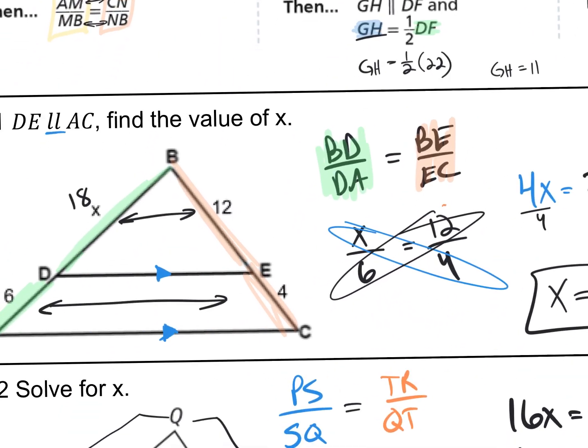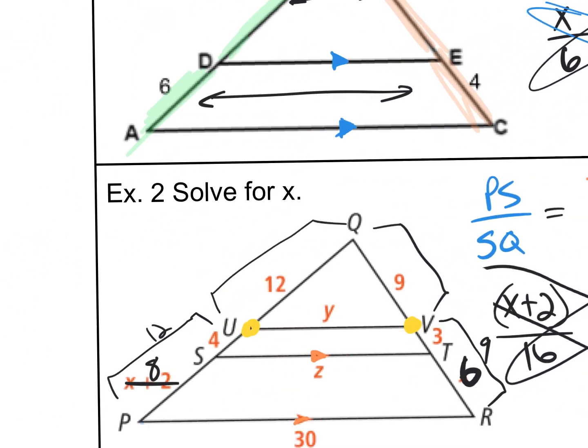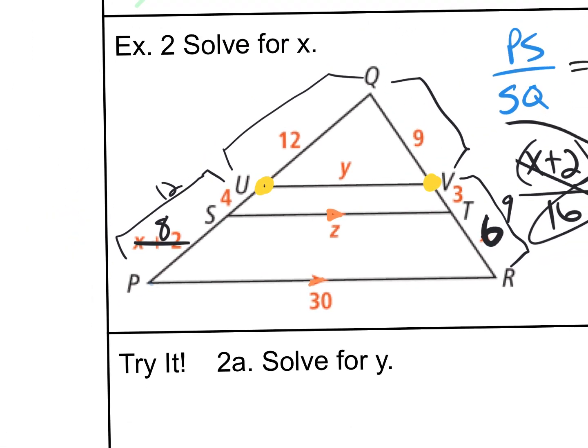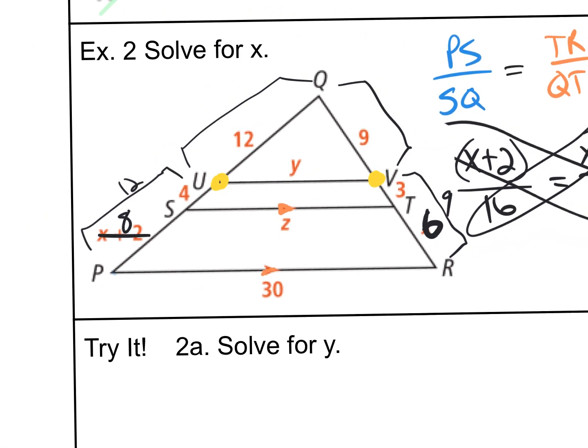So down here with this example, which one is our mid-segment, which one is the base? So looking at it, our mid-segment really is just this side, UV, that we're trying to find. The distance of Y. So the base that would be running the exact same as that would be this very bottom of the triangle, PR.